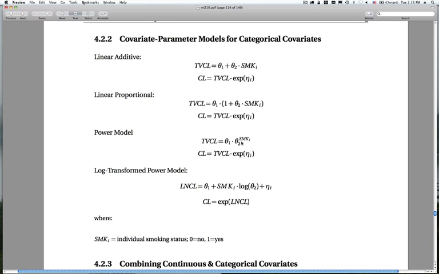So for example, if theta 2 lands somewhere between 80 to 125%, that would maybe indicate that the effect is minimal or negligible. We can also write the power model in a log transform space, similar to the continuous model, where we're just using the rule of logs, so it becomes the smoking factor times the log of theta 2. Interpretation of theta 2 is the same.